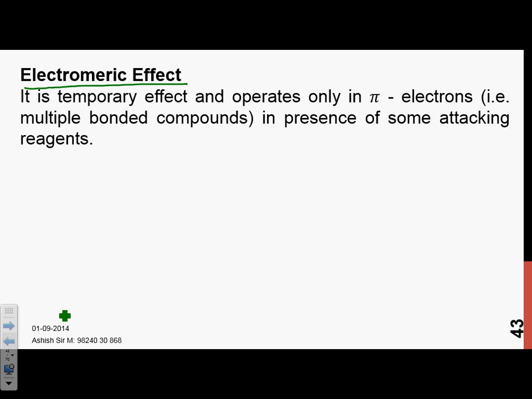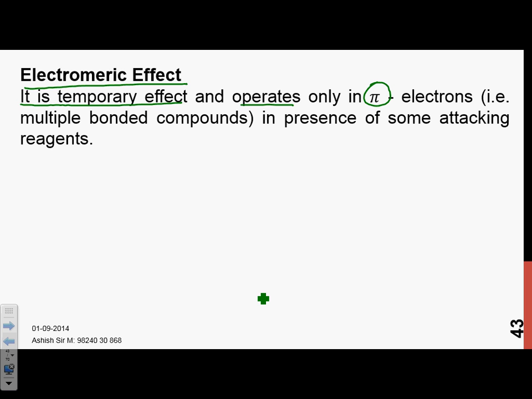The electromeric effect is a temporary effect. Earlier we studied that resonance is permanent, and the inductive effect is also permanent. It operates only on pi electrons, meaning you require double or triple bonds, whereas the inductive effect was only in sigma bonds.